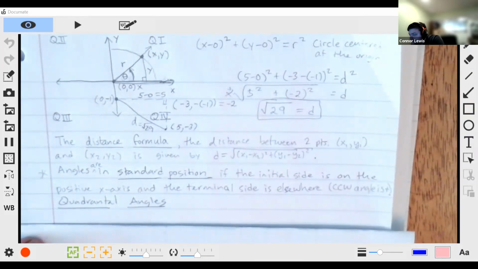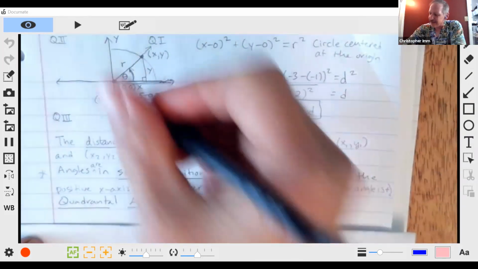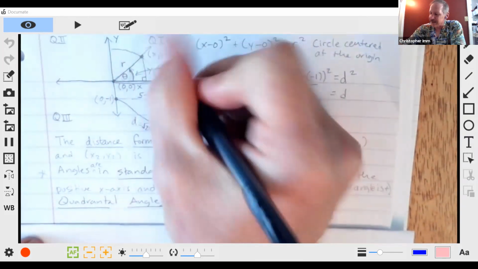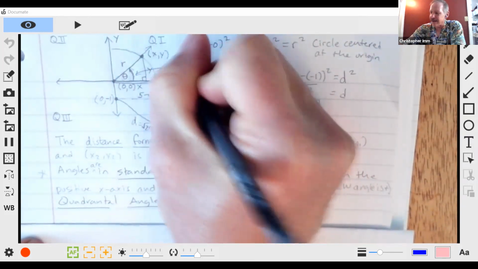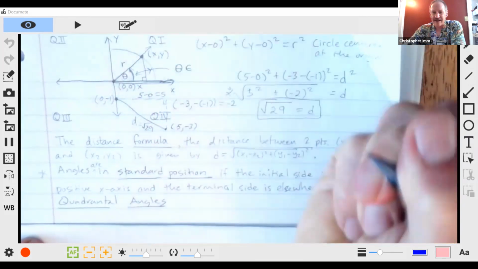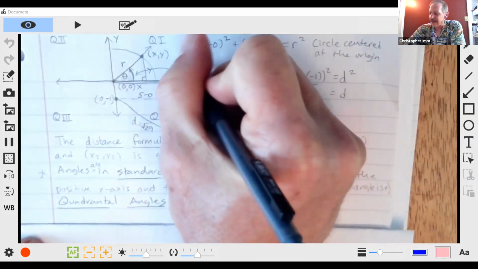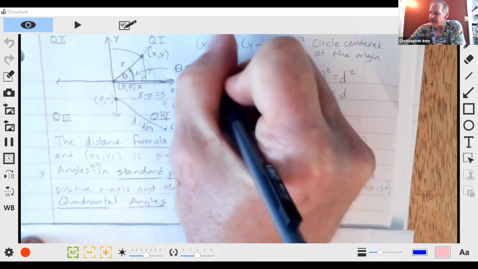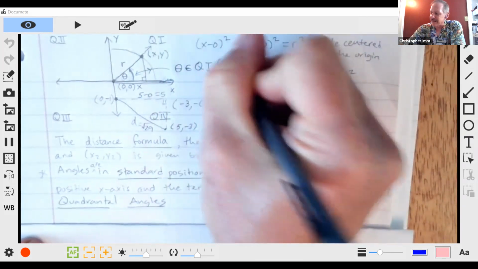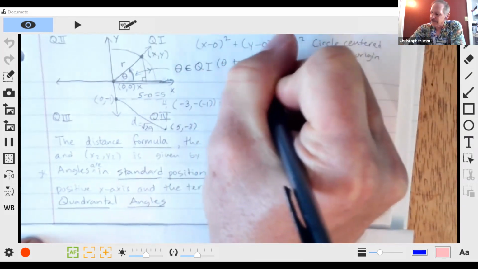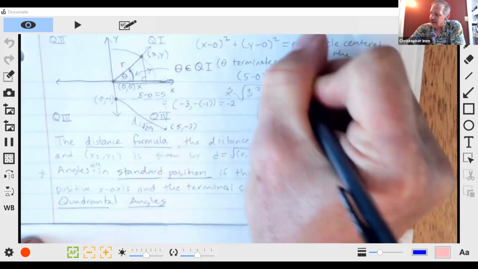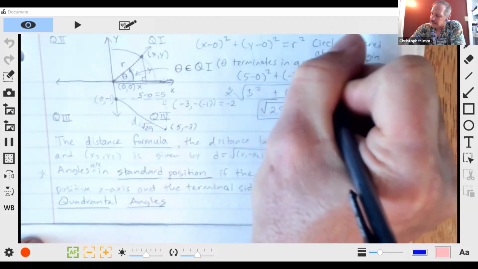Yeah, quadrant 1, great. Sometimes we have notation for that. We would say, okay, so this angle theta, you'll see it in the textbook and we'll use it a lot. Theta is an element. So this is like an E, is an element of quadrant 1. That means that theta terminates in quadrant 1.